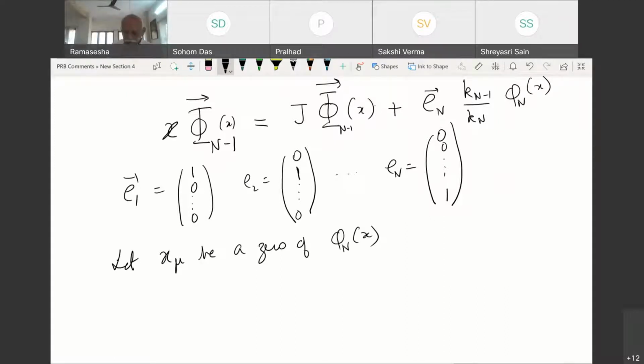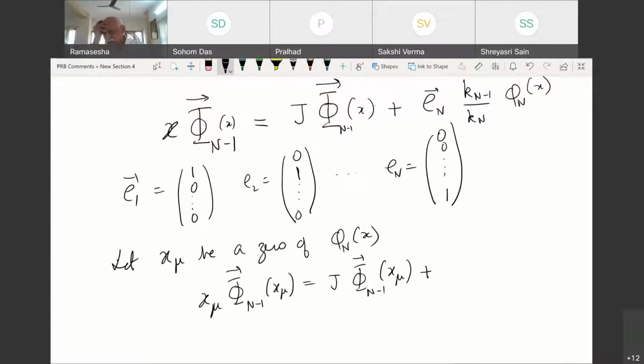Okay. Then what happens? I'll get x P n minus 1 of x mu is equal to J times P n minus 1 of x mu, plus what happens to the last term? What is P n of x mu if x mu is the 0 of P n? 0. Yeah. Okay.